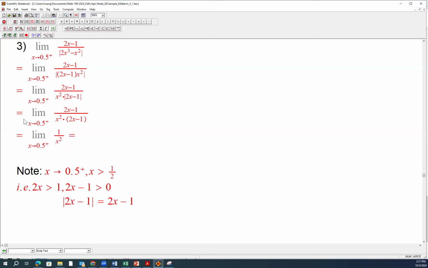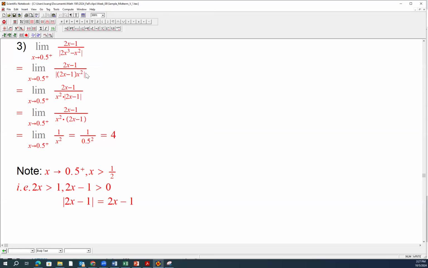So all we have to do here is just substitute x by 0.5, and 0.5 squared is going to be 1/4, right? 1 divided by a quarter is 4. So that's the limit we have here.